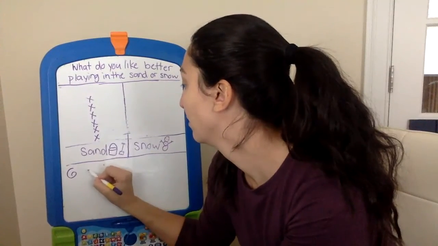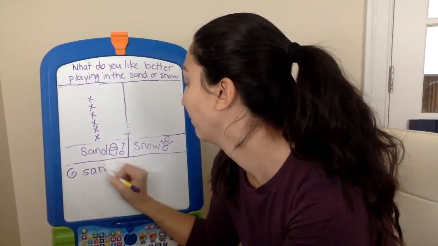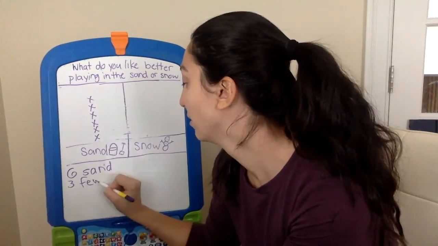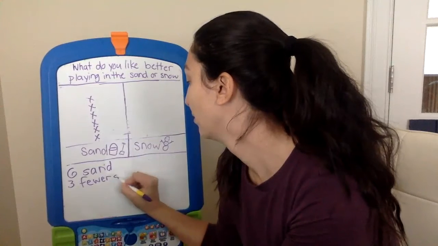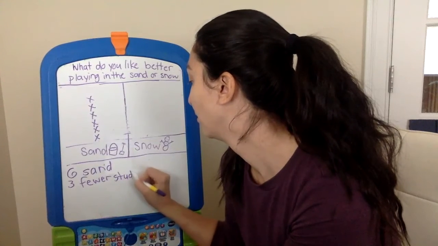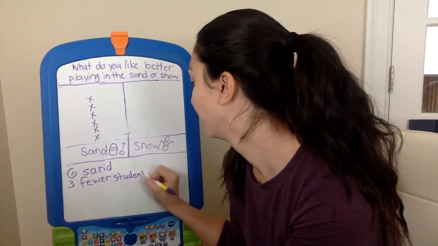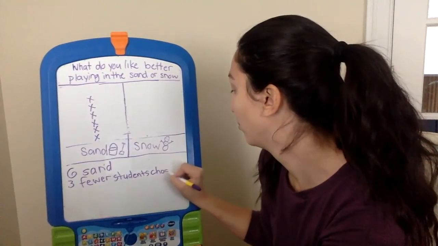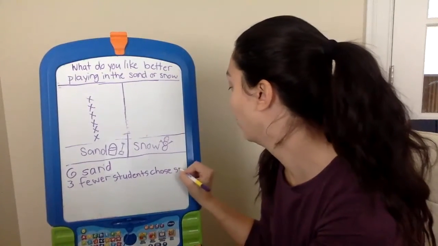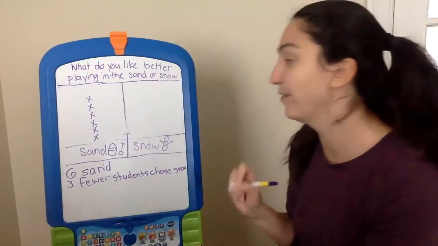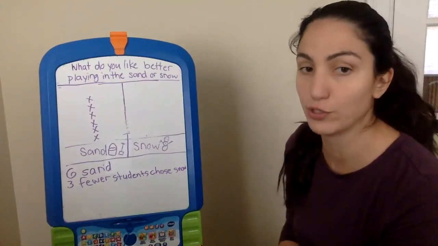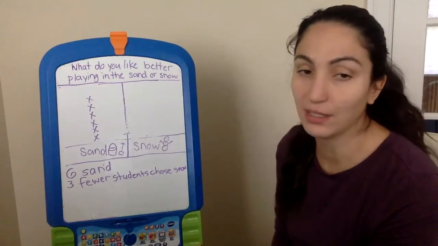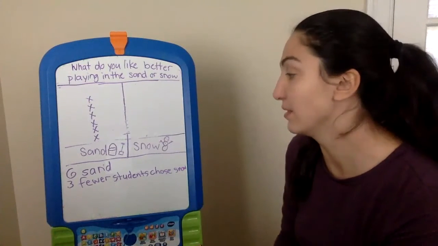So 6 sand I'm going to write. 3 fewer students chose snow. So 3 fewer students than sand chose snow. So what am I gonna do now? I always love to think of it as a word problem. So I'm gonna think of it as an equation.